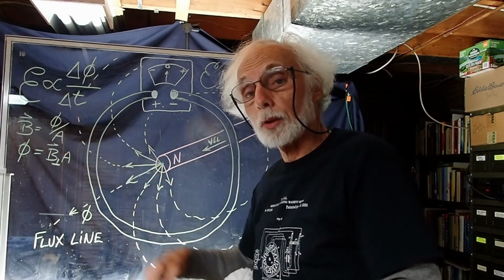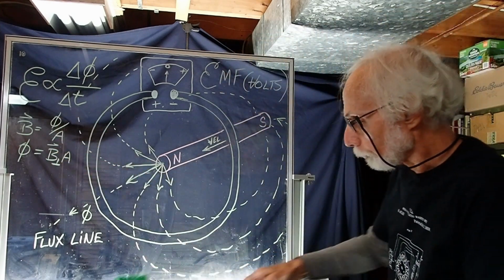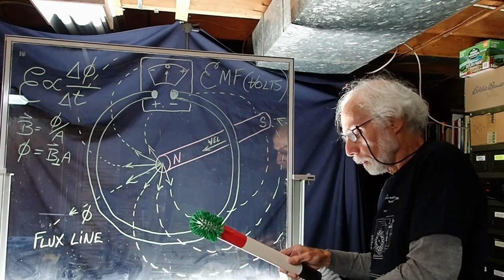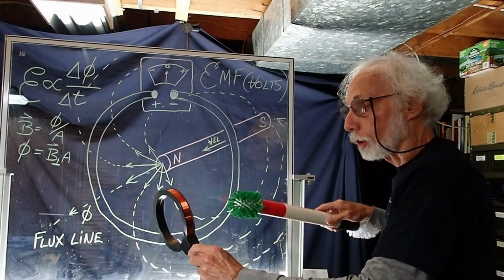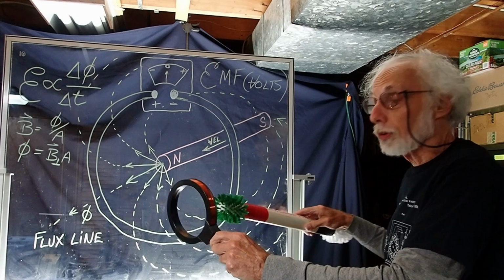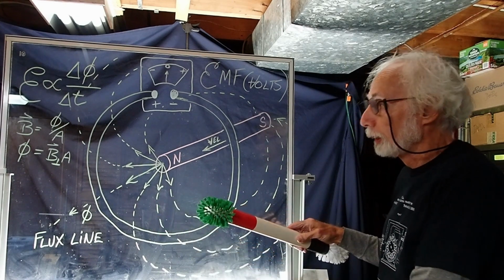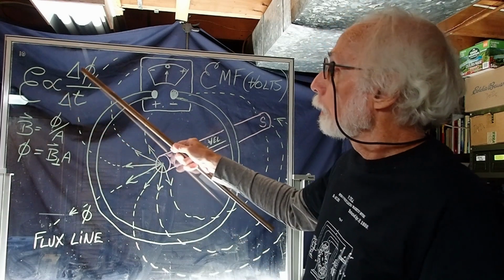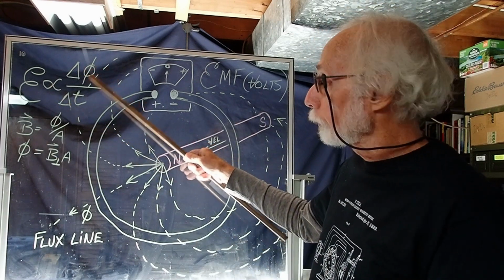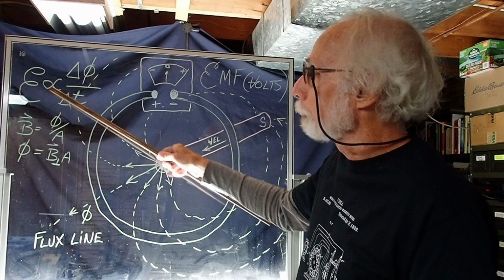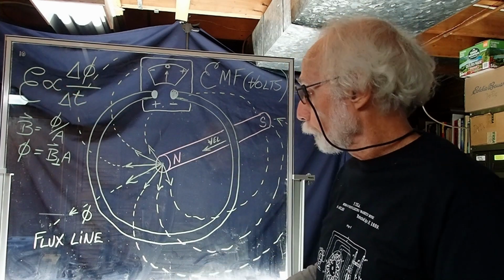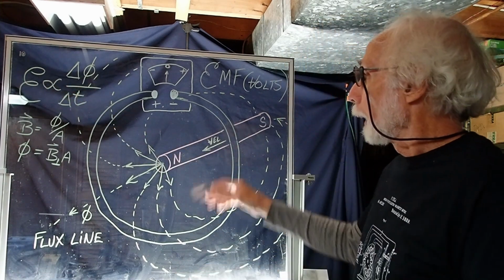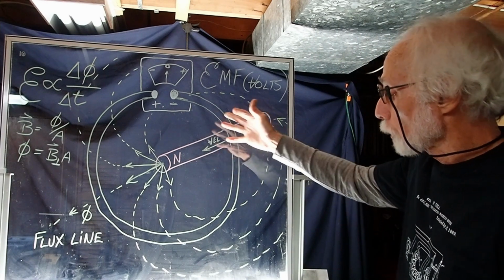A simple rearrangement of that formula. But in the long run, because the whole magnet is going through the coil, all the flux lines go through the coil. And so our formula is going to be stated: change in total flux per time is proportional to the electric effect. And so let's imagine that we've got this.